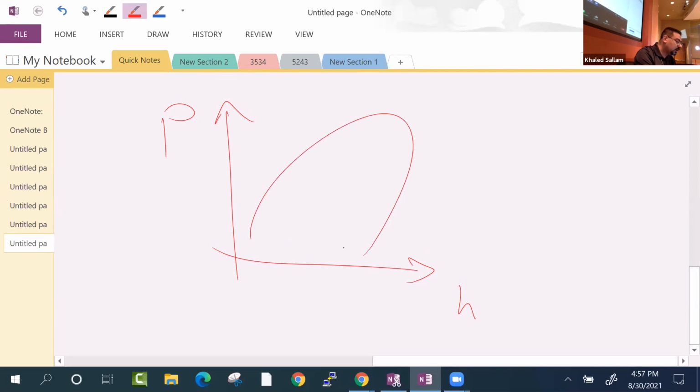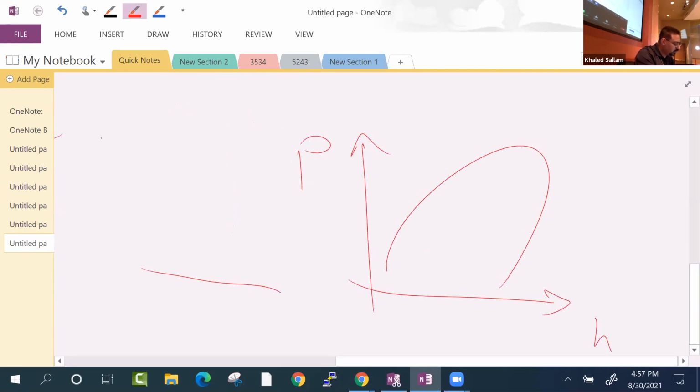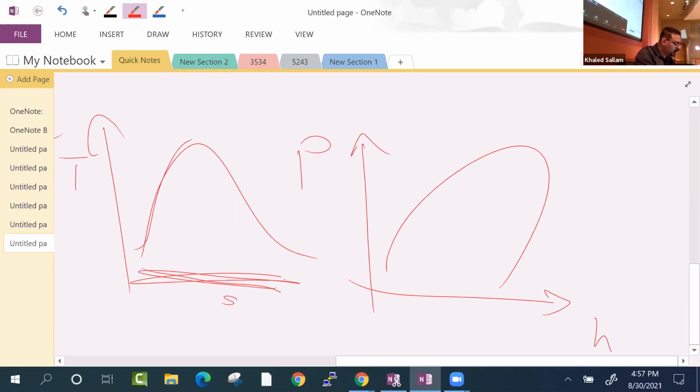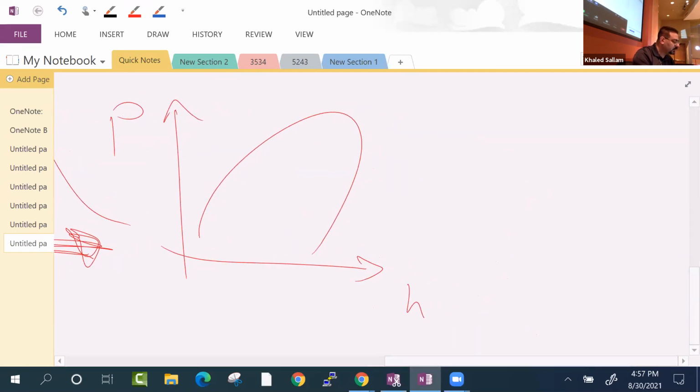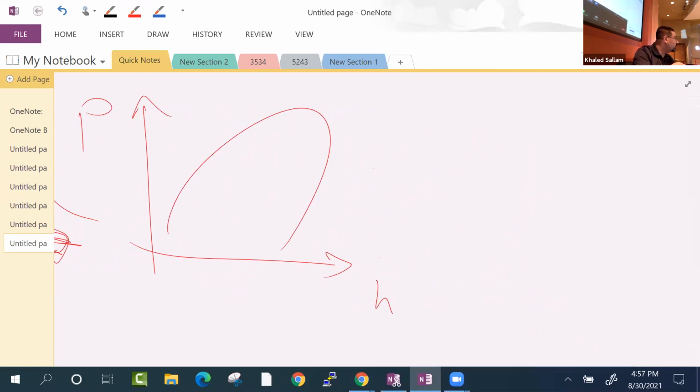Okay. So remember the TS, how does it look like usually? It looks like this, right? That's the TS. The x-axis is the entropy and the y-axis is the temperature. On the PH diagram, P is pressure, the y-axis, and the enthalpy is the x-axis.